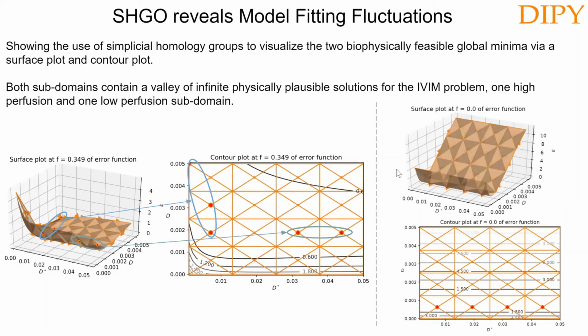This is what is referred to as flat value solutions. Both cases are flat value solutions, and anything that falls along this line, somewhere between 0.001 and 0.002, would be a plausible value for diffusion. So this is another effect that you will see in bicompartmental models.